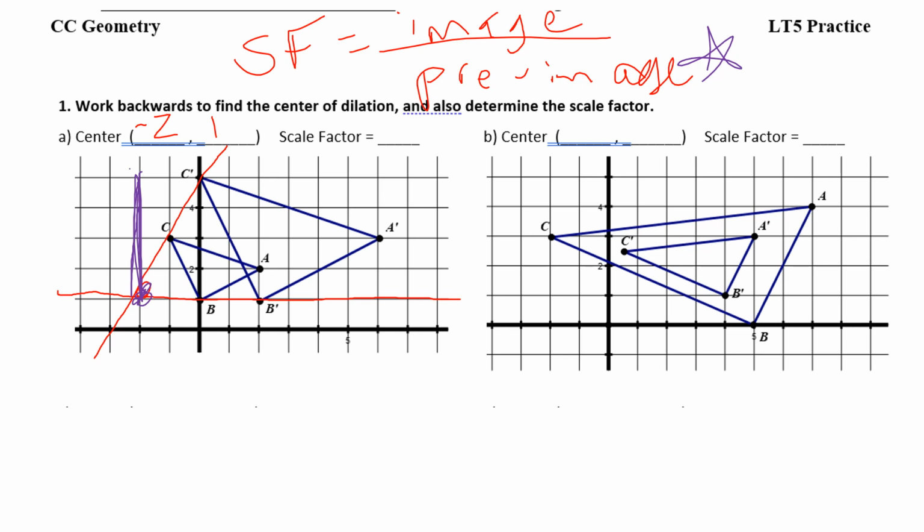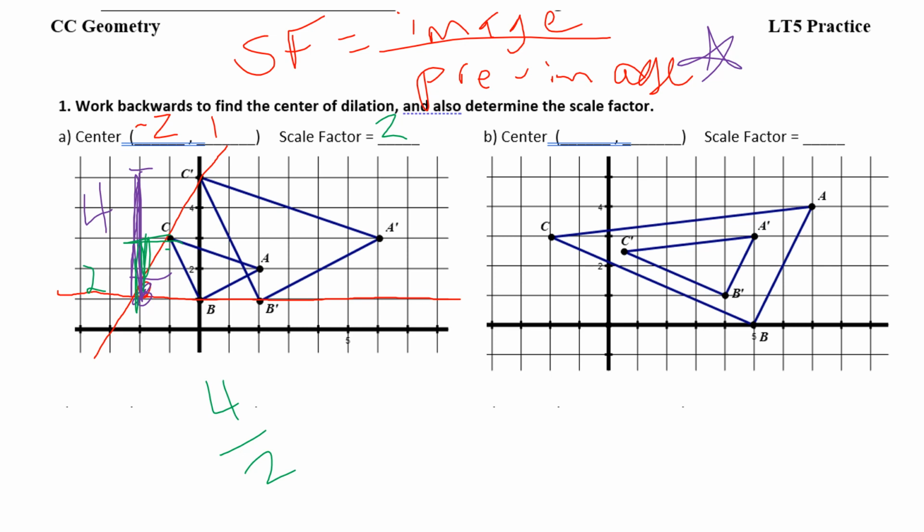If I just count the vertical distance, okay, so like the slope, just the rise part of the slope, I get 4. If I count from the center to C, and again, just the vertical distance, I get 2. 4 over 2, image over pre-image, the distance to C prime over the distance to C is 2.